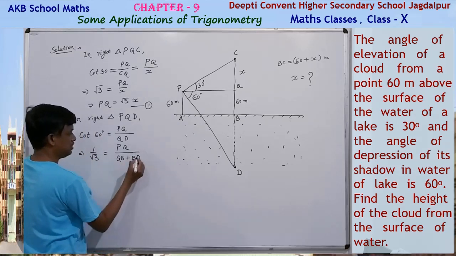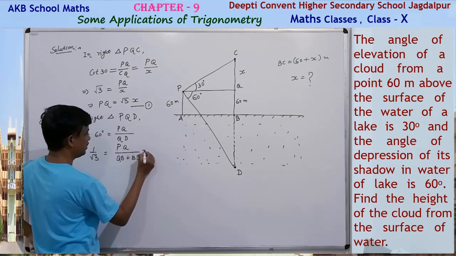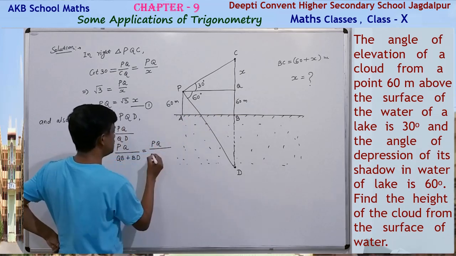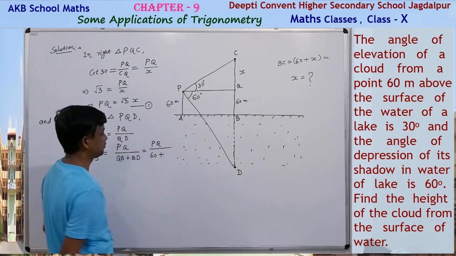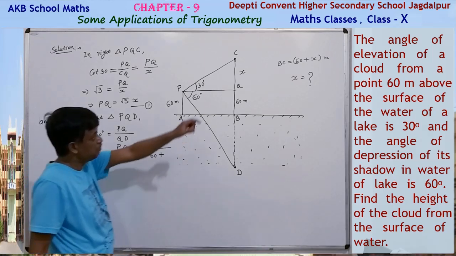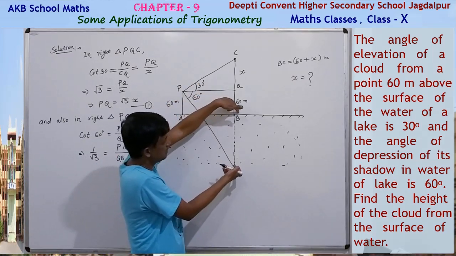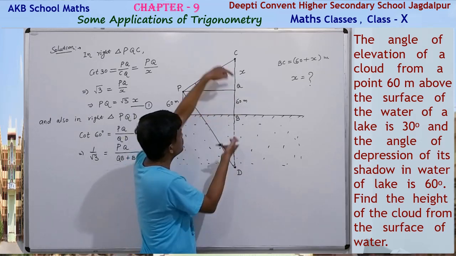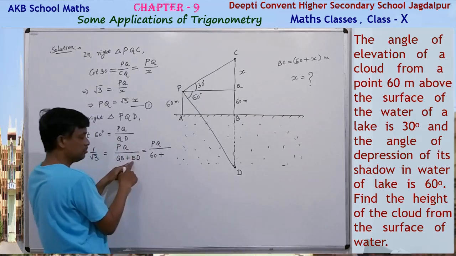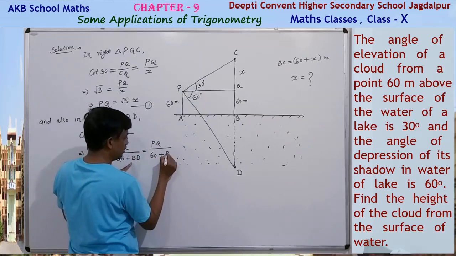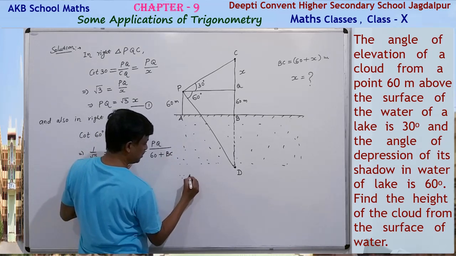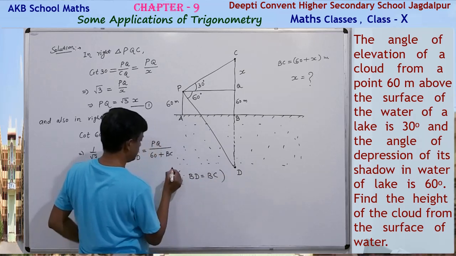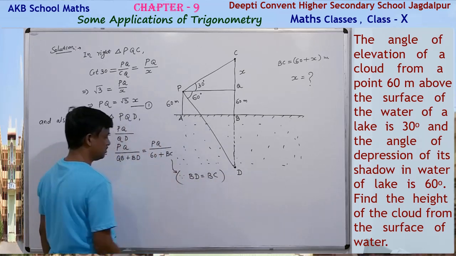Now PQ upon QB means 60 plus, because this is the shadow or reflection of C is D, so BD equals BC. Since BD equals BC. Okay, this is the reason.